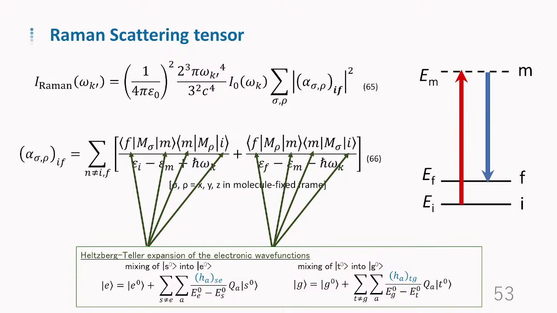And I is affected by molecular vibration. The electronic wave function of m should also be affected by mixing of the wave function f also. So let's replace the electronic wave function of I m f with this form, the Herzberg-Teller expansion.